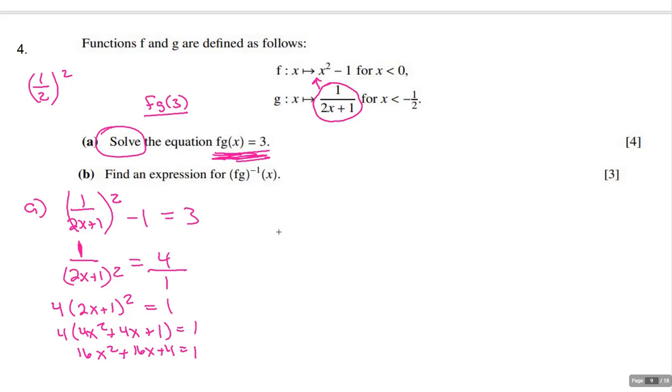And then what's going to happen? You'll subtract 1 from both sides. Now what? You have to solve for x. Try it. Tell me what you get when you put it in the calculator.